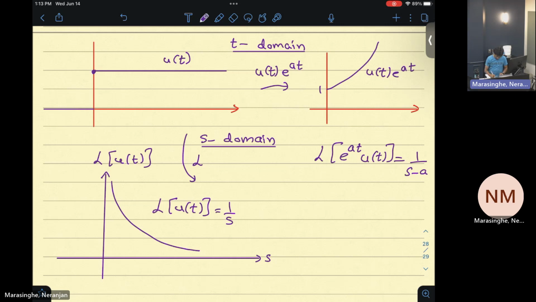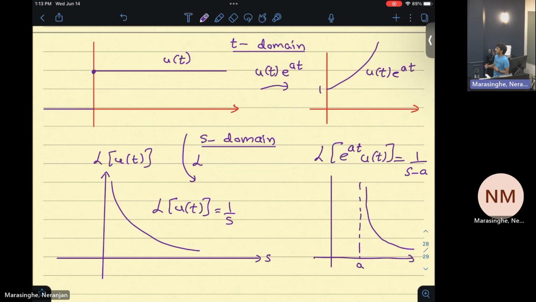So what would happen to your graph? In the first graph, you have a vertical asymptote at 0, right? Now you are going to get the vertical asymptote at a. So instead of having the vertical asymptote at 0, now you get some translation, right?